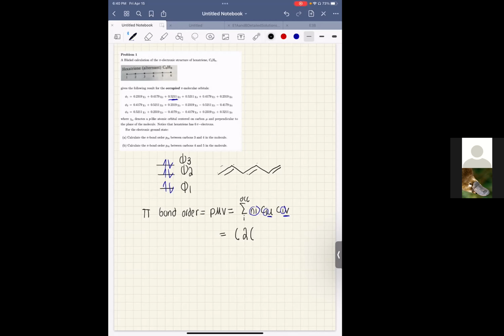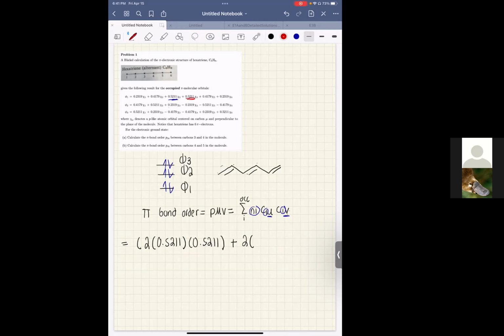The coefficient of electron 3 is going to be 0.5211, and it's going to be times the coefficient on electron 4, which is also 0.5211, which is over here.